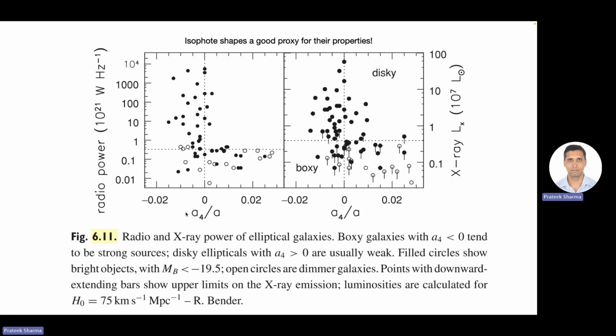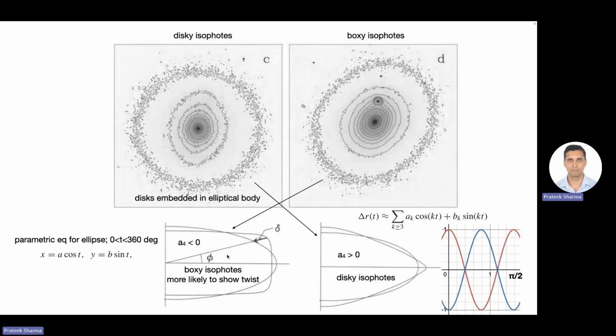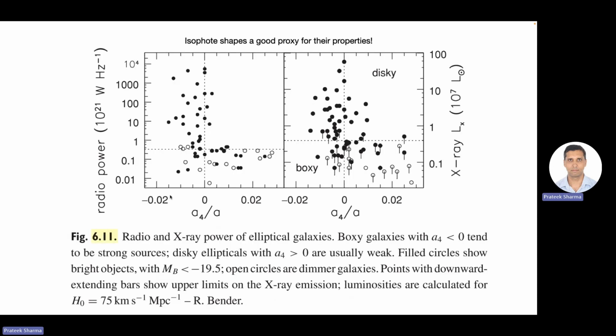And there are correlations. This is a plot of radio luminosity as a function of A4. Recall, negative A4 is boxy. So for negative A4, these are boxy orbits, and the radio power is higher for these boxy galaxies compared to the disky ones. The boxy galaxies are also more luminous.